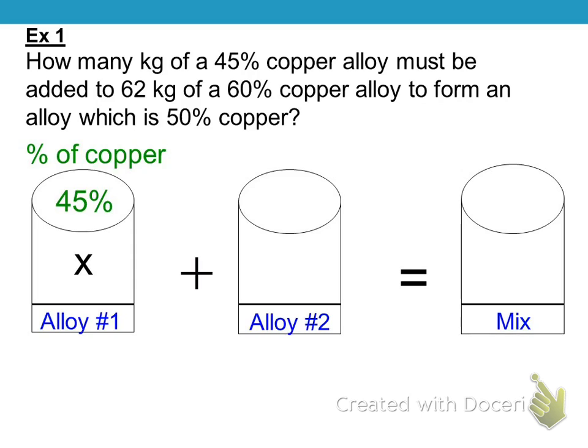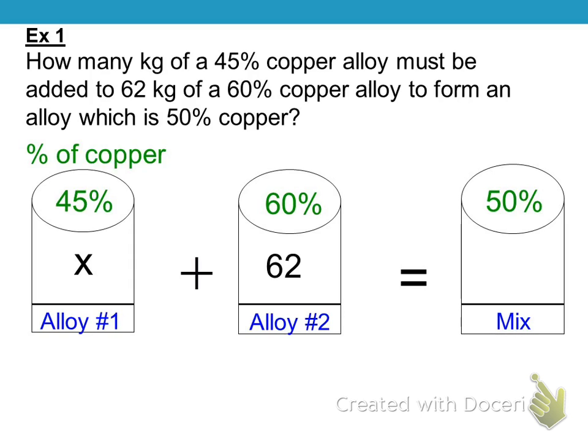Okay, what's in the second can before I pour them together? 60%. And how much do I have? Yes. 62 kilos. Good. Now, when I add these together, I want a mixture of what percent? 50%.